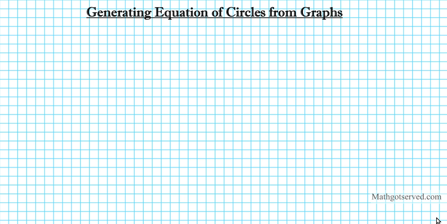Okay, students, in this lesson we're going to go over two examples on how to write the equation of circles from graphs. Let's write down the instruction for the notes.